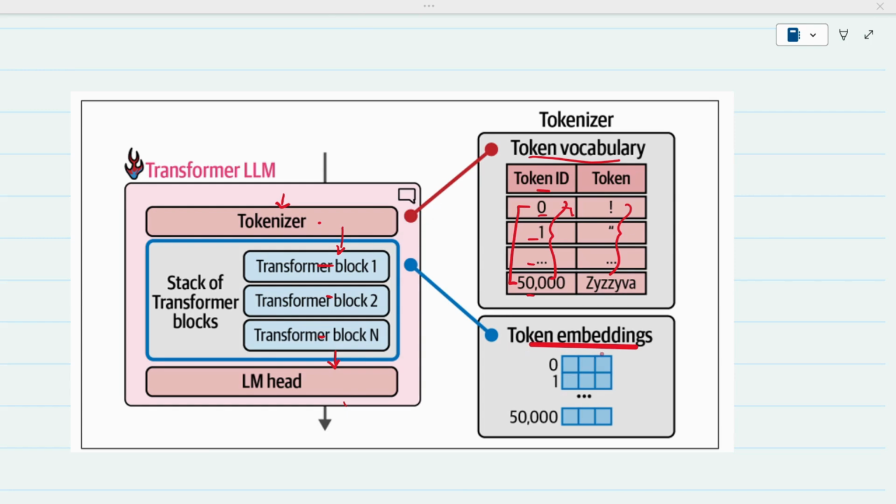Generally, token embeddings are used to map the token ID into context-aware vectors, which means similar words have nearly similar vectors, so we get the context-aware information.